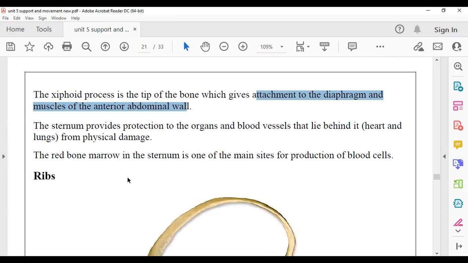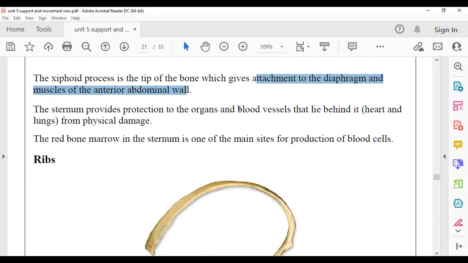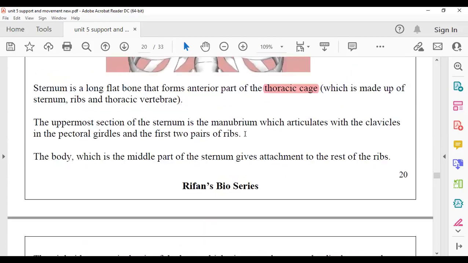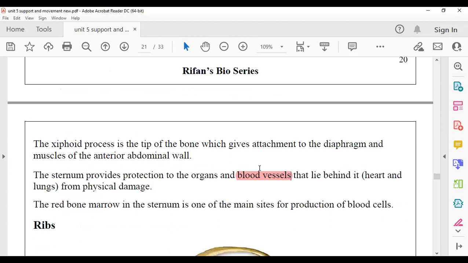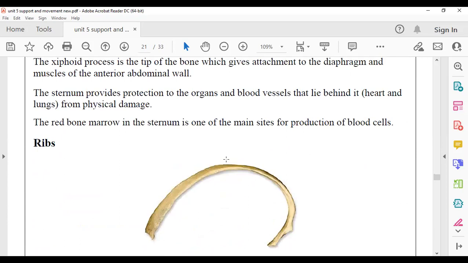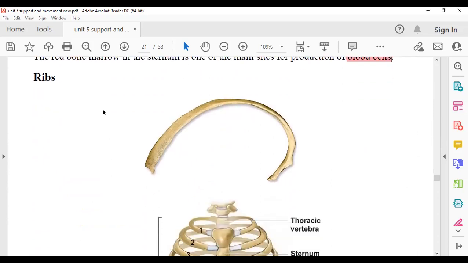One important thing here is that the sternum provides protection to the organs and blood vessels that lie behind it, and the sternum is rich in bone marrow. It is producing what? Blood cells.